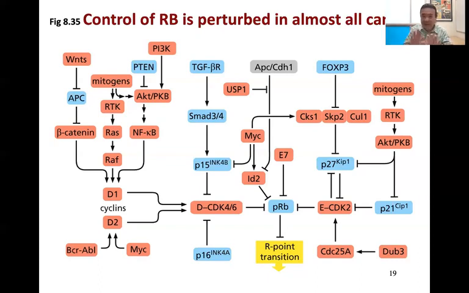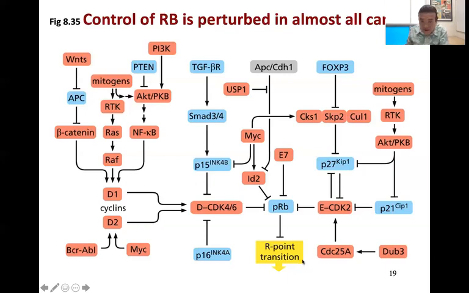It just so happens that whichever one is more strongly pushed by the signals arriving on the outside of the cell will ultimately determine the cell phenotype, what the cell is going to do next. So let's have some fun looking at this and recognizing certain things that we've talked about before.